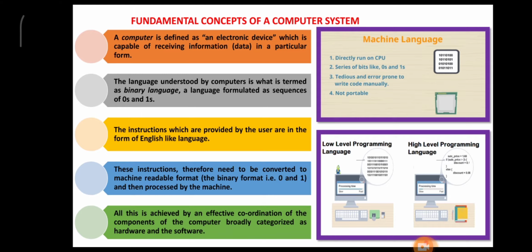Say for example, in a typical classroom session, the teacher is explaining the concepts in English. So the students, all of you know English, you can understand what the teacher is talking about. The medium is English.